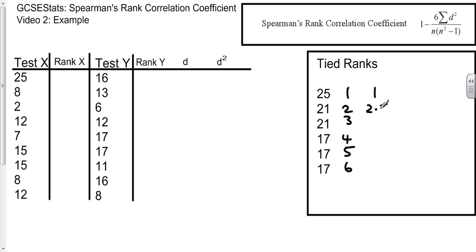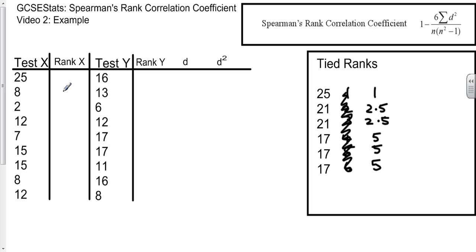So they both become 2.5, the average of 2 and 3. These three have all got scores of 17, which ties them on the same rank of 5, because 4 plus 5 plus 6 divided by 3 gives you 5. So these are the ranks we're going to use, not these ones.